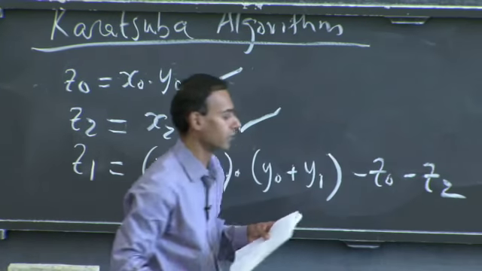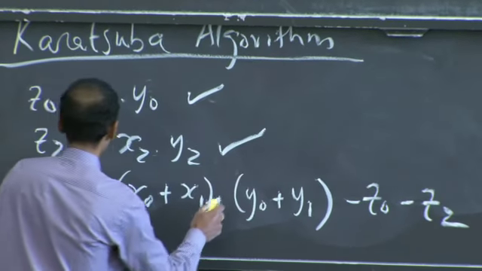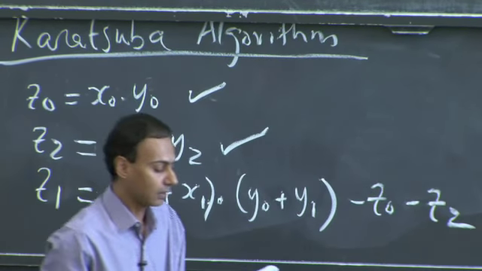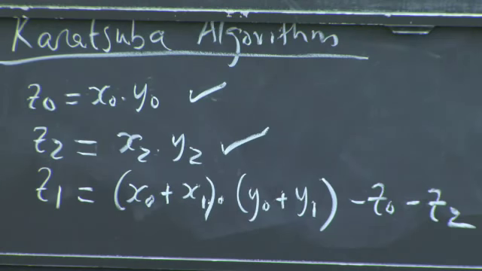So you're computing z0 and z2 first, and then using them to compute z1. Someone tell me why this is interesting, and take it all the way to the complexity of the algorithm. I'll give it away: Karatsuba's algorithm has a lower complexity than theta n square, but tell me what it is. Someone way at the back.